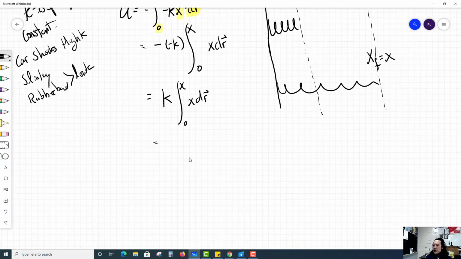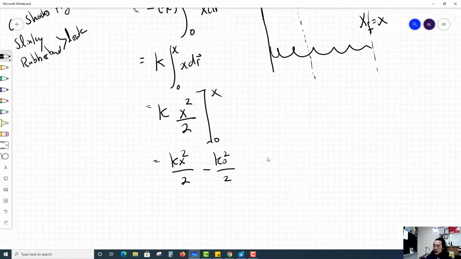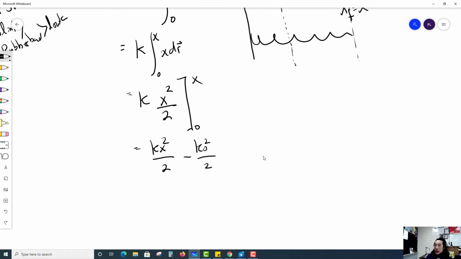Alright, so if I were to integrate this, I'm going to raise my exponent up by 1, so 1 plus 1 is 2, and then we get to divide it by that, from 0 to x. So we get kx squared divided by 2 minus k0 squared divided by 2, and of course this turns out to be 0.